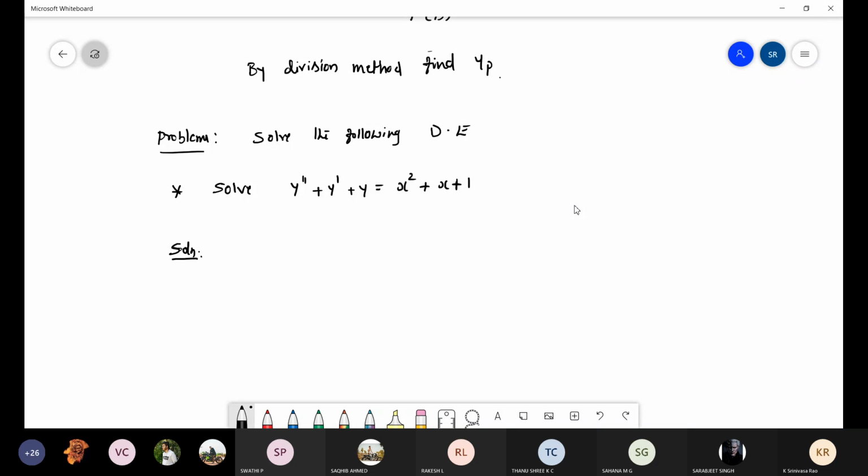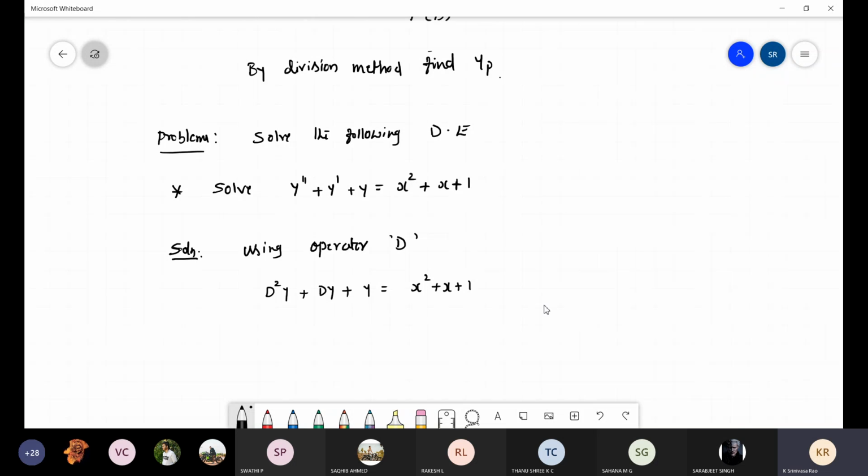Solution, using operator D. Write down, using operator D, that equation. y double dash can be written as D square y, y dash is nothing but Dy, plus y equals x square plus x plus 1.